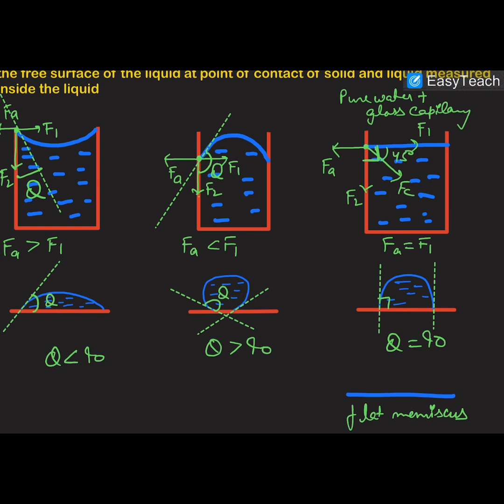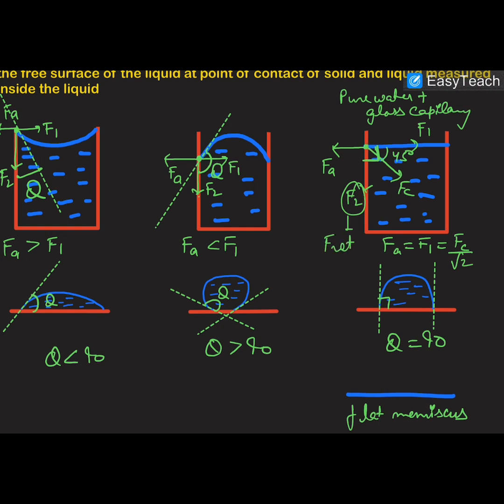Therefore there will be two equal components of the cohesive force, F1 and F2, each equal to Fc by root 2. And obviously this Fa cancels out this Fc by root 2, which is F1, and therefore the net force acting on this molecule will be this one.